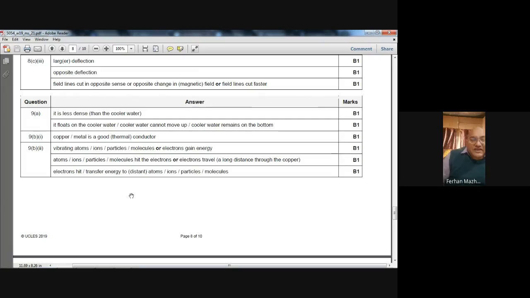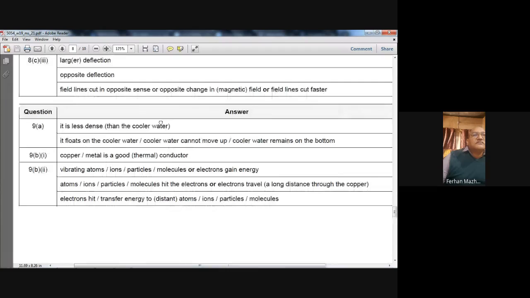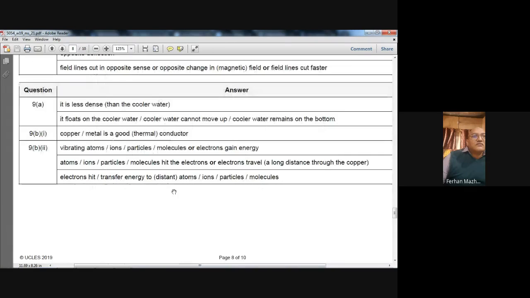He has used the reasoning of density. Will you like to write the answer? The marking scheme is showing on your screen. It's a 2-mark question. Please write your answer and then we will check if your answer is good or not.